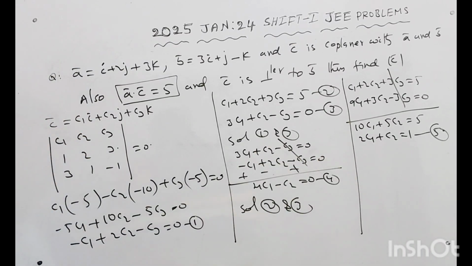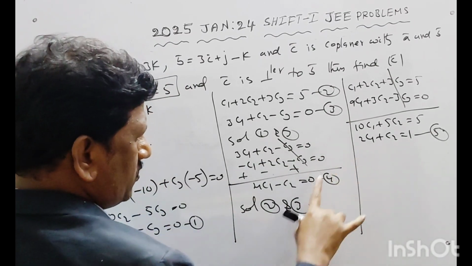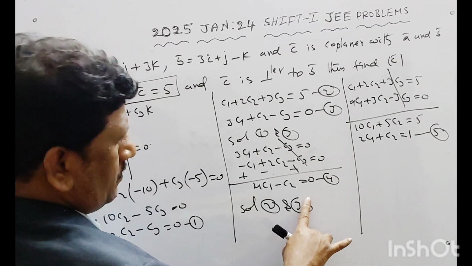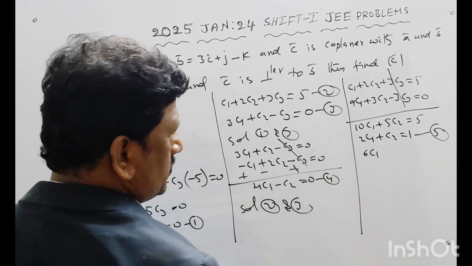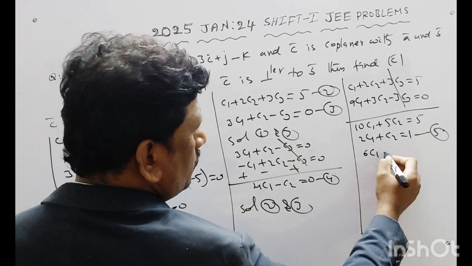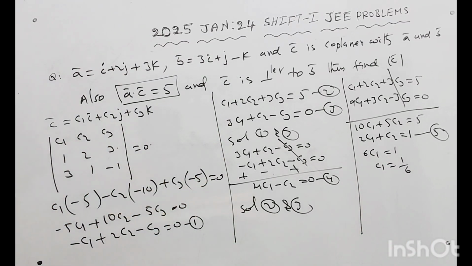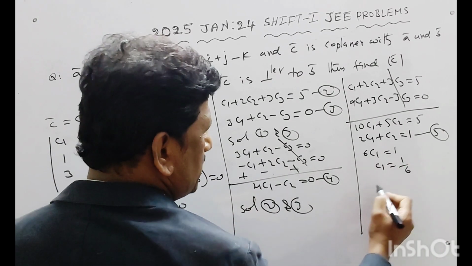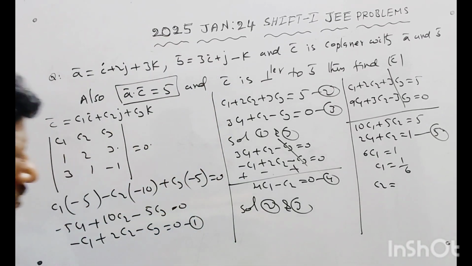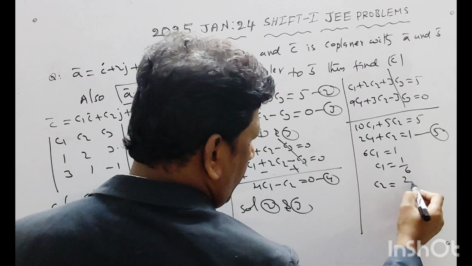Solve equations 4 and 5, which have C1 and C2. When you add these both equations, we get 6C1 is equal to 1, so the value of C1 is equal to 1 by 6. Then find the C2 value by substituting here, and you get 2 by 3.